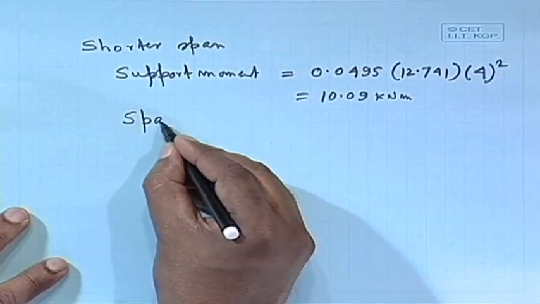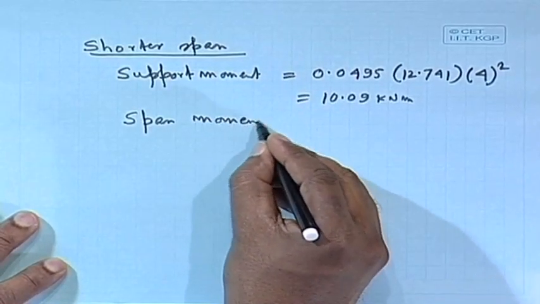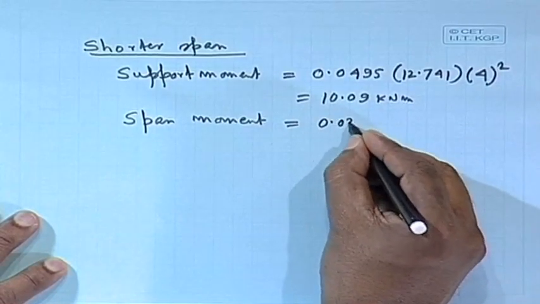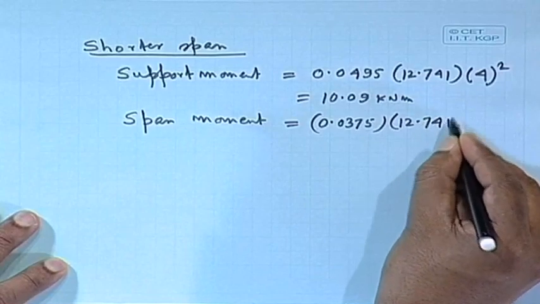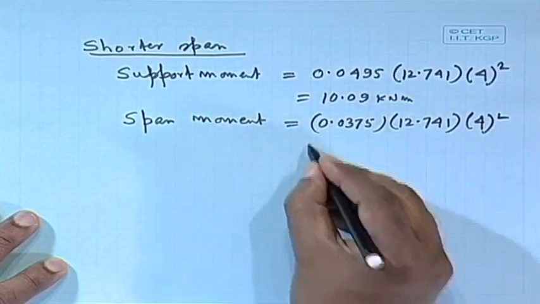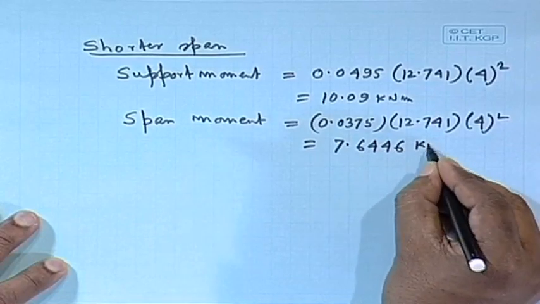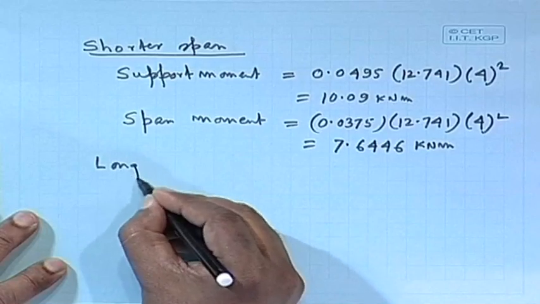Span moment in the shorter span, we can get it: 0.0375 times 12.741 times 4 square, 7.6446 kilonewton meter.